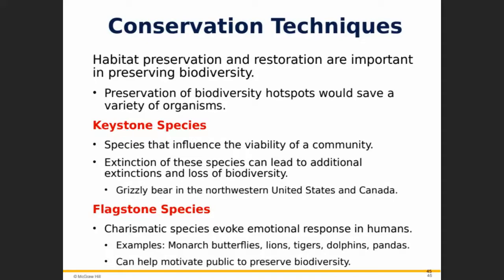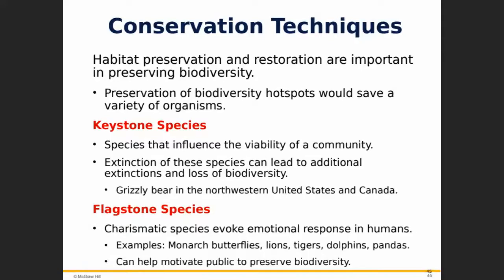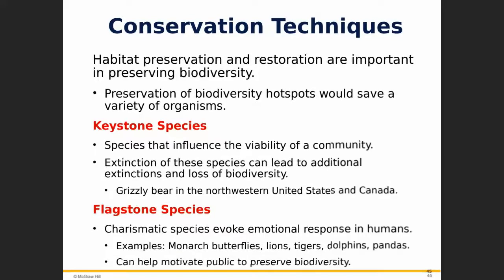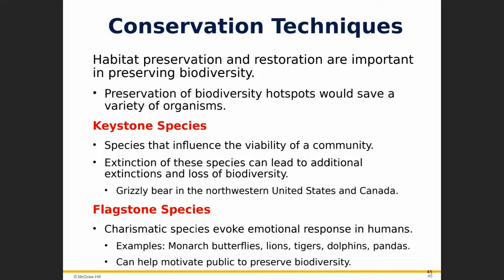We have the first species that we call the keystone species. Those are species that influence the viability of a community. Although their number may not be very high, the extinction of those keystone species can lead to other extinctions and a loss of biodiversity.